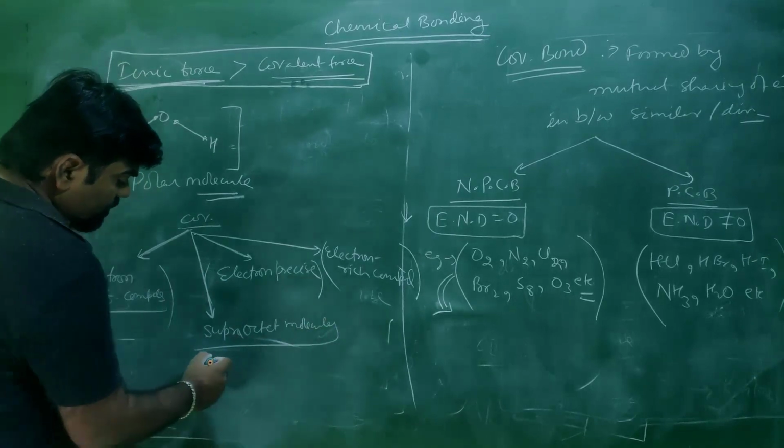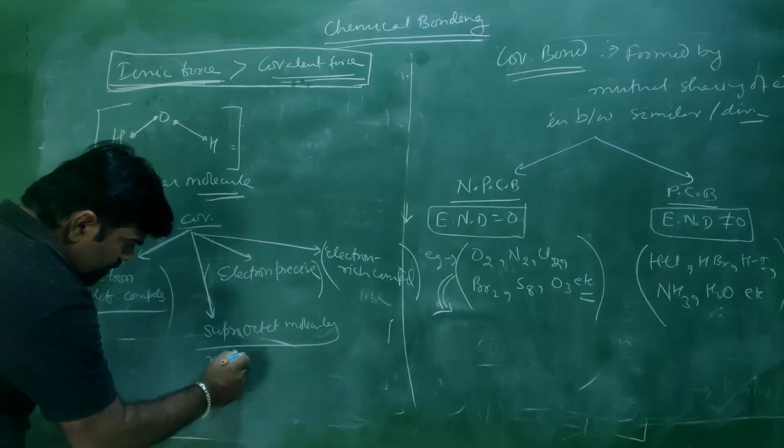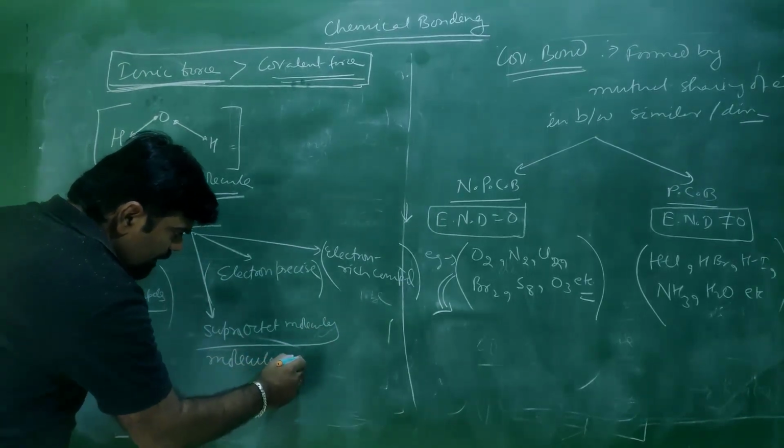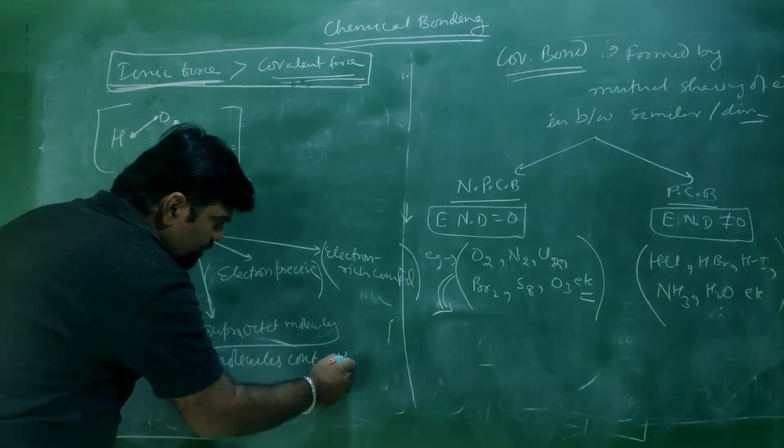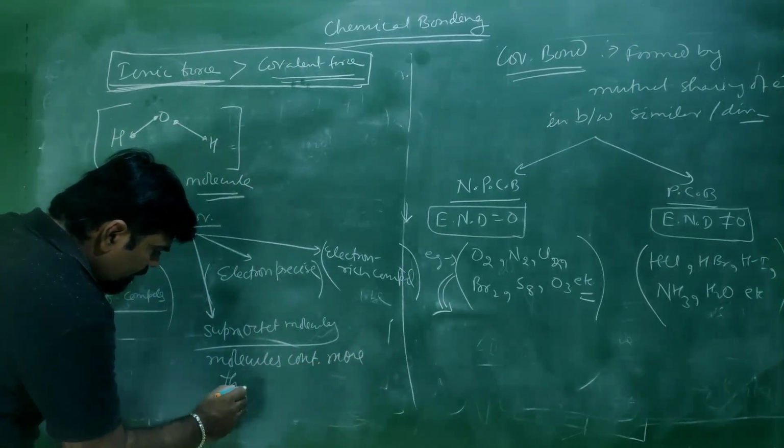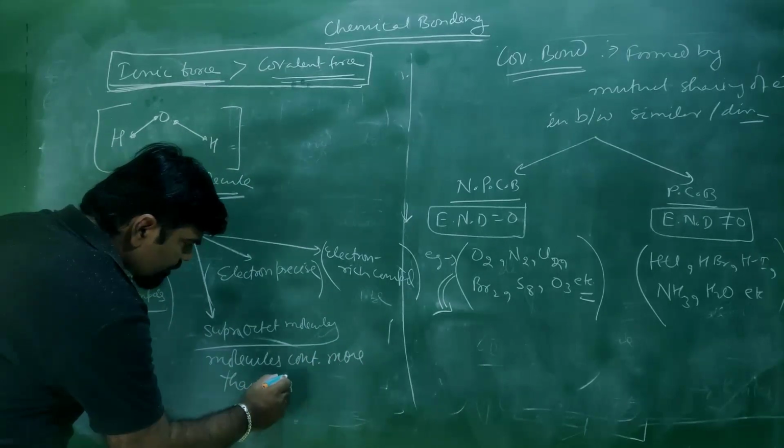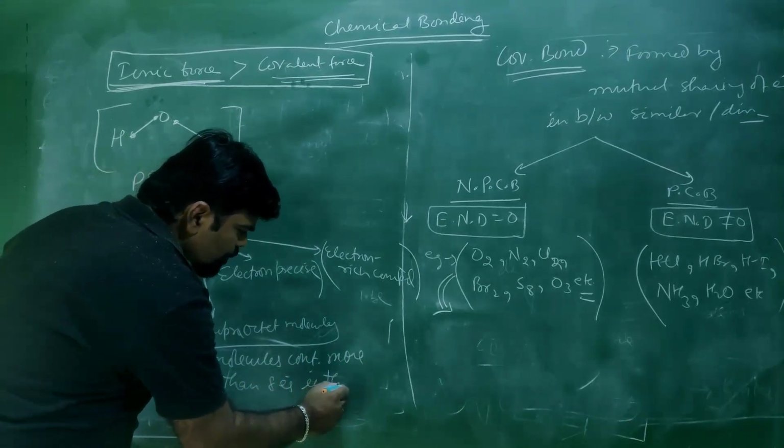Supraoctet molecule means molecules containing more than 8 electrons in their outermost shell.